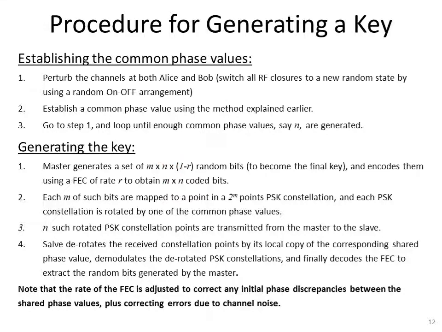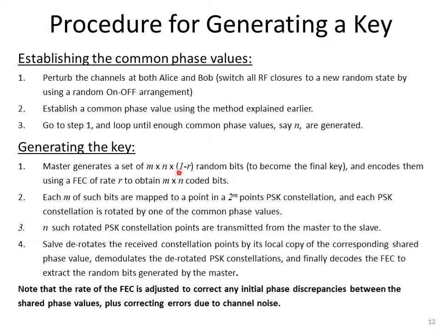N is the number of phases that we have shared between master and slave, and R is the redundancy of the forward error correcting code. So we encode this using FEC of rate R, and this results in m times n coded bits.